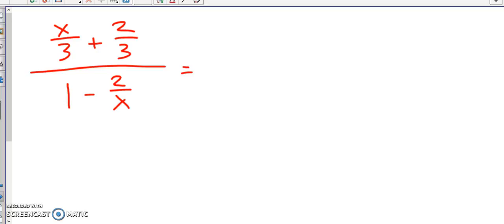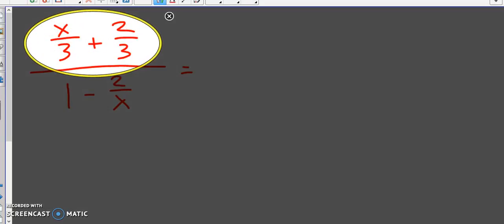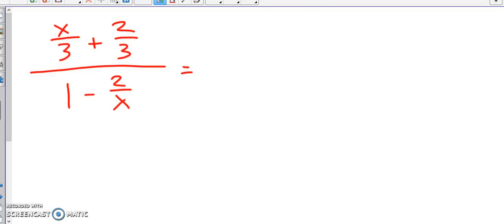So if we take a look at this numerator here, notice that we've got 3 in the denominator in both spots. So I can put that together with a common denominator, and that would look like x plus 2 over 3.